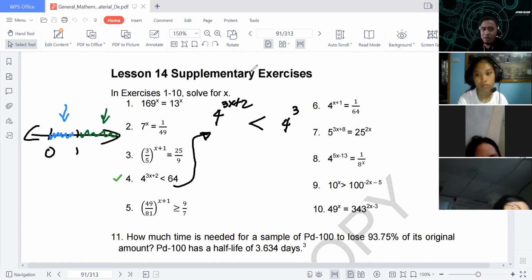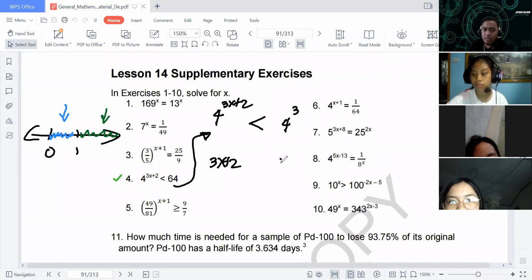Okay? So which condition applies now, the first or the second? Second condition. So it means we copy the exponents, 3x plus 2, then 3. Second, what inequality will we use? Less than. Less than still. Okay?